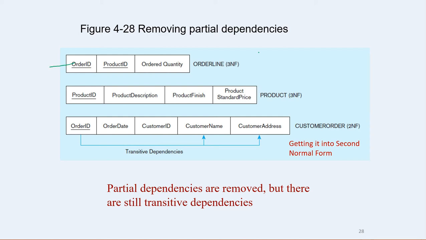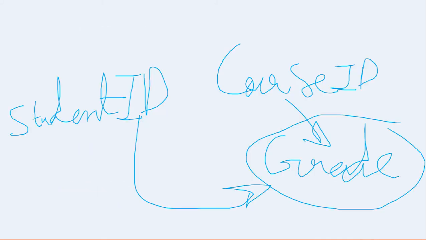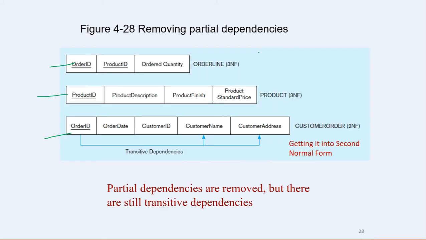For now, this is in 2NF, this is in 2NF, and this is in 2NF. So we are done with 2NF, which was that every non-key attribute must be defined by the entire key, which is the primary key, which we have done here.